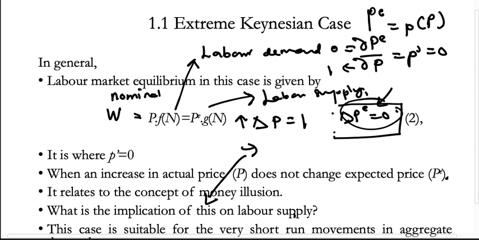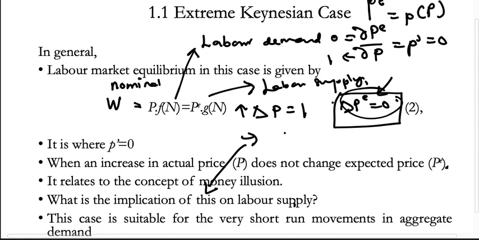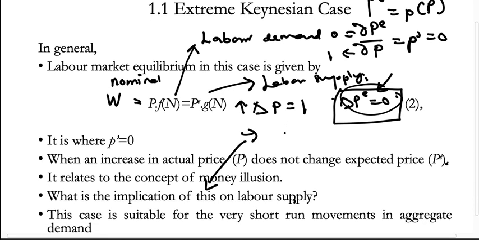So that's why the change in expected price is zero, even if the actual price increases or changes. This case is suitable for a very short run movement in aggregate supply, and also aggregate demand, yeah? Because it can also affect aggregate demand later. We'll get to that later.